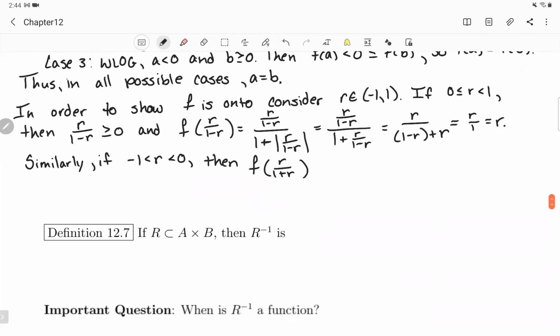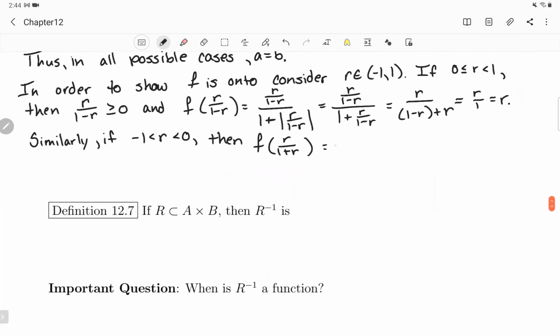Yes. f of R over 1 plus R equals R. And that word similarly is saying, yeah, you work it out. It's the same steps, basically, with slight differences. Well, if it's very, very similar, yeah, that word similarly is absolutely allowed. Because at this point, it's expected you can do algebra, right? And that your audience can do algebra.